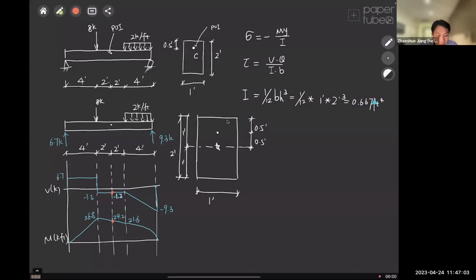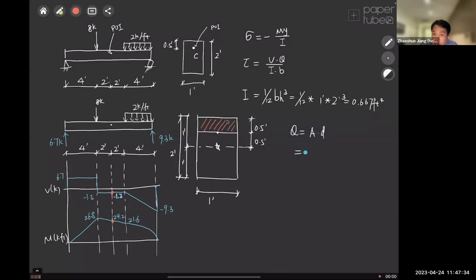And in order to find out the tau, we do need to have the first moment of area. To calculate the first moment of area, we first shade the area either above or below the point of interest. I'm going to take the one above. It doesn't make any difference for this particular case since it is a rectangular cross section. Now the Q is going to be equal to A times d, right?